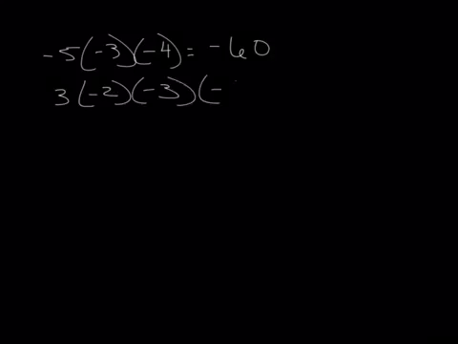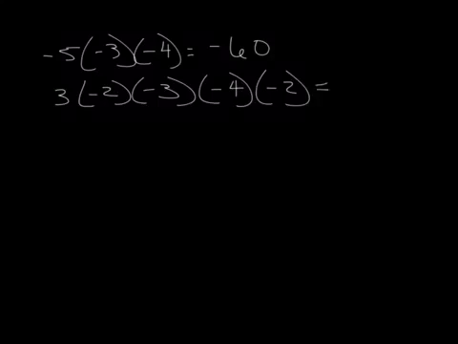5 times 3 is 15. 15 times 4 is 60. And you're done. That makes it a little bit easier, because sometimes you're going to get something like this. And all you have to do is count your negatives. 1, 2, 3, 4.